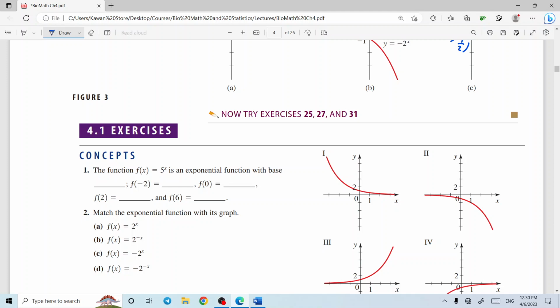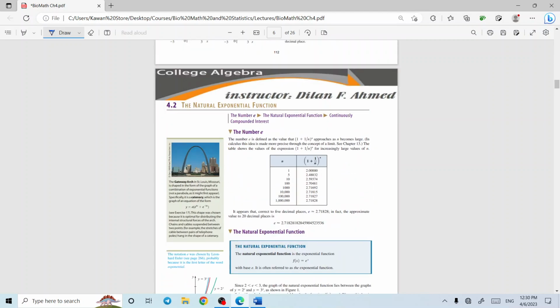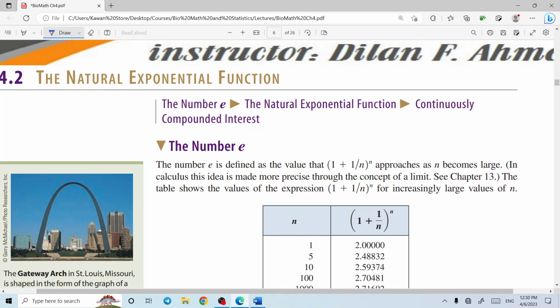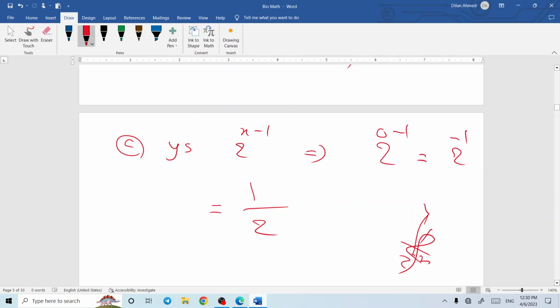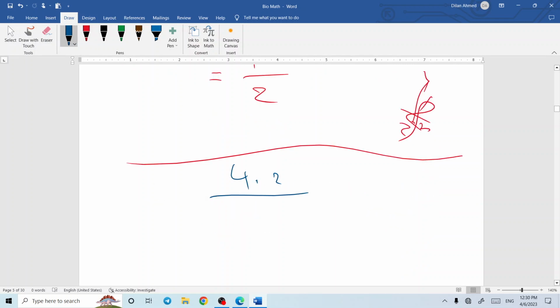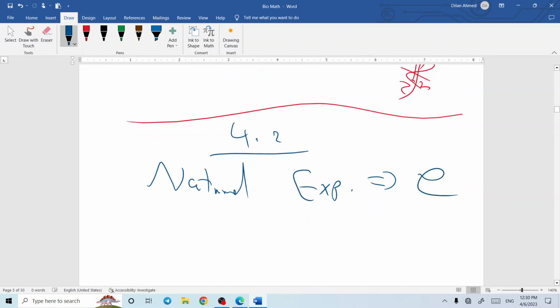Clear? Good. Now, how about the same thing, but I change a small thing. Look, we have the natural exponential, which is symbolized by e.